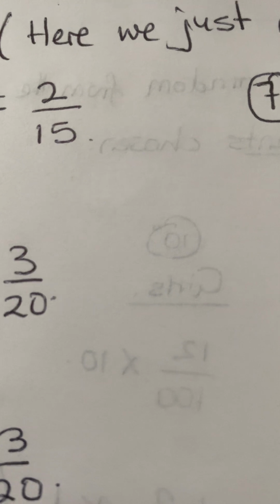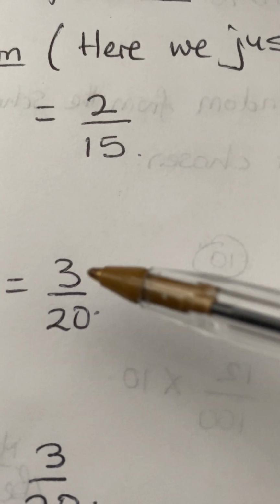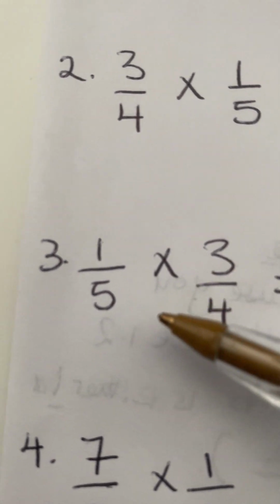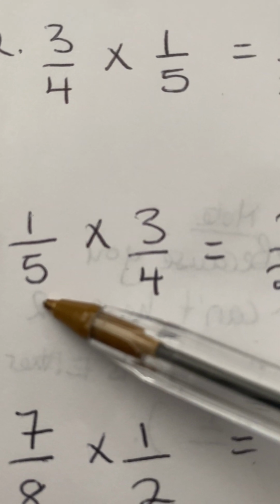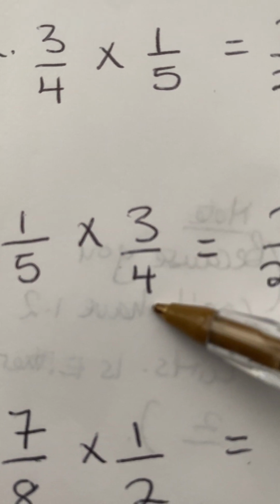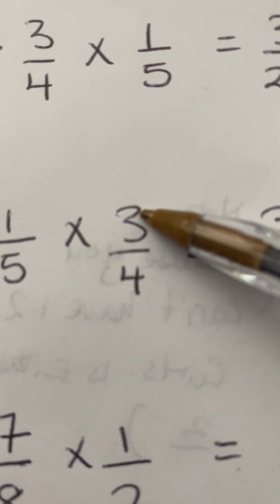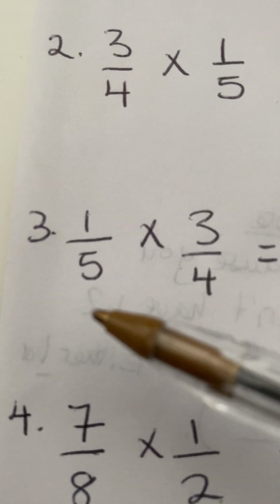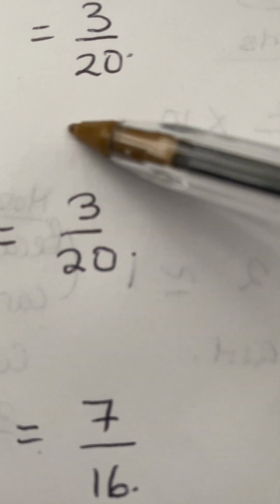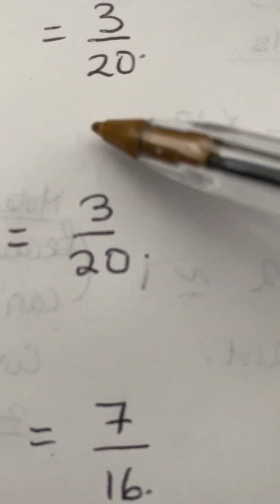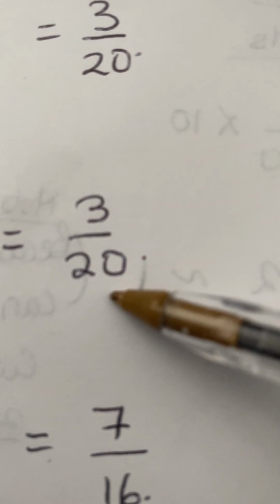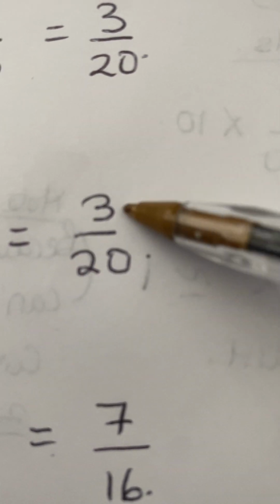We can't reduce it any further, so 3/20. Another one, 1/5 times 3/4. 1 times 3, 3. 5 times 4, 20. We can't reduce it any further, so we have 3 divided by 20. That will be our fraction.